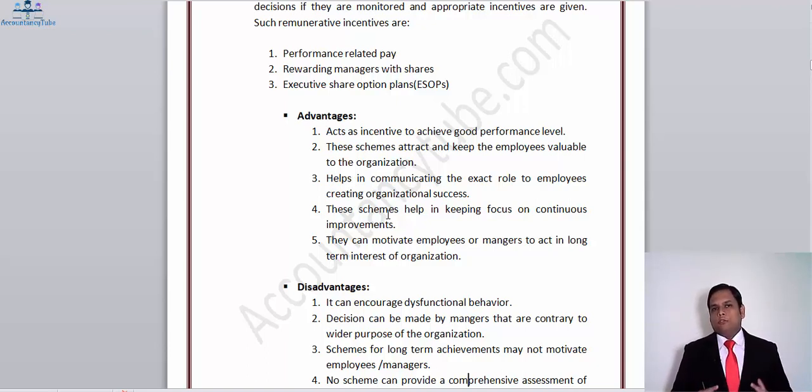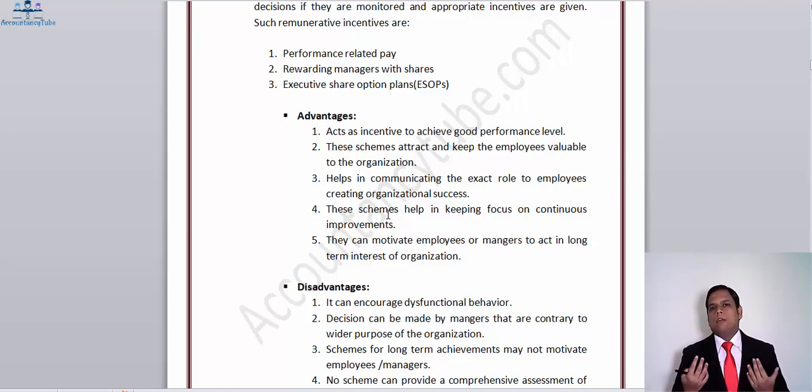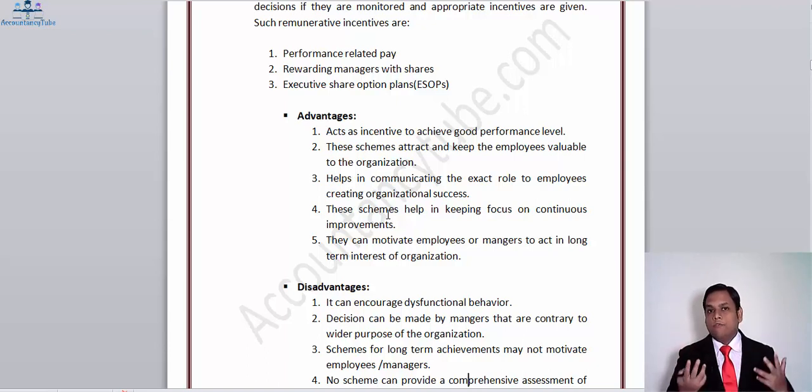Now, these plans also make employees more involved. They increase the cooperation of the employees and senior management in the affairs of the organization. It's not just doing plus and minus and coming at 9 and leaving at 5, not knowing where the organization is moving. These sort of incentives help employees and management consider the wider perspective of the organization's existence.